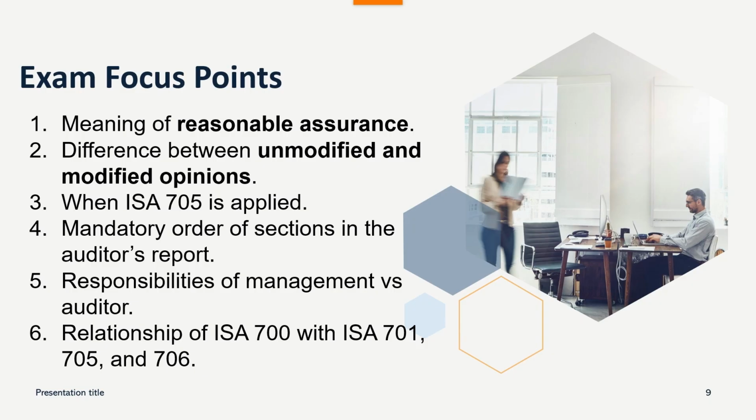I give them as bullet points to keep it very simple: the meaning of reasonable assurance, the difference between unmodified and modified opinion, when ISA 705 is applied, the mandatory order of sections in the audit report, the wording and format of the audit report, the difference between management responsibility and auditor responsibility, and lastly the relationship of ISA 700, 701, 705, and 706. These points are frequently tested in professional exams.